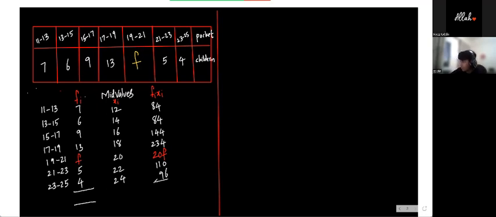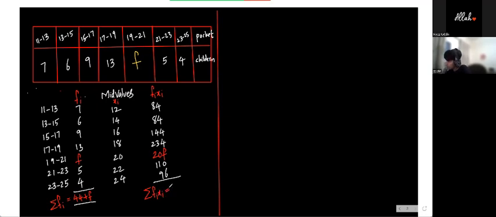Now, if you take the sum of this, what's the sum? 7, 6, 9, 13, 5, 4, that is 44. 44 plus f is the sigma fi value. And what's the sum of sigma fi into xi?